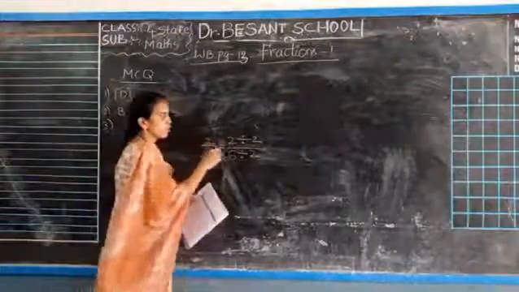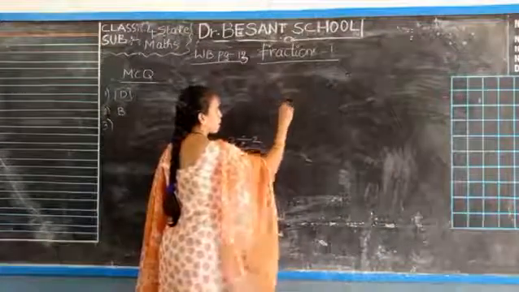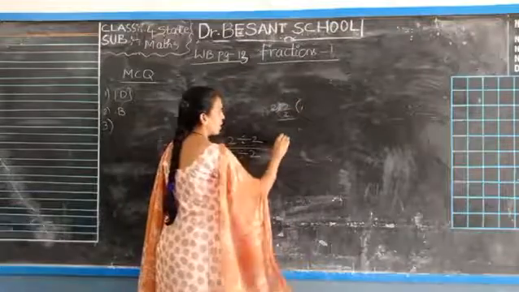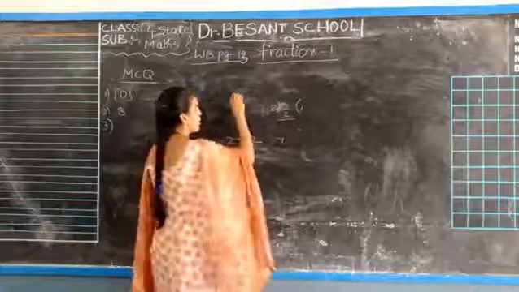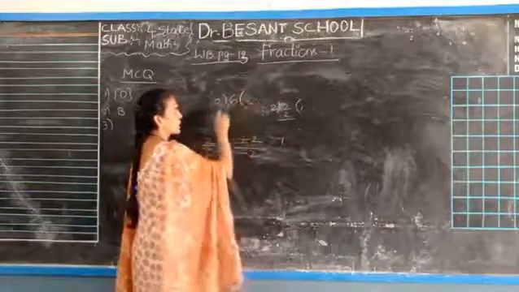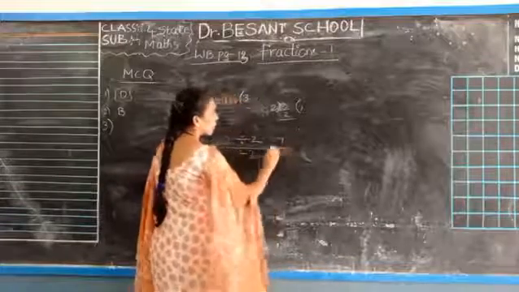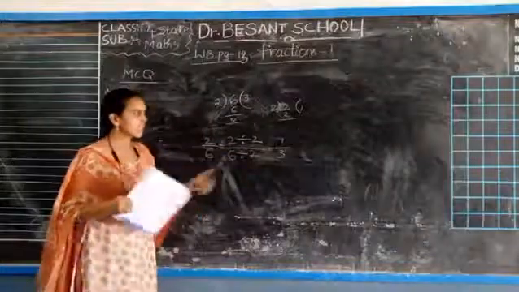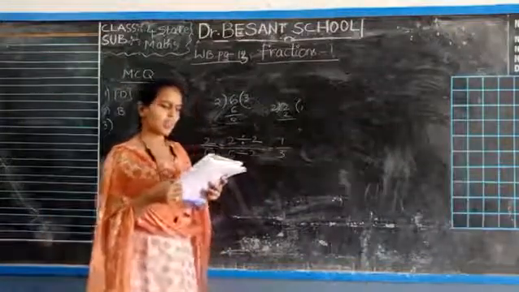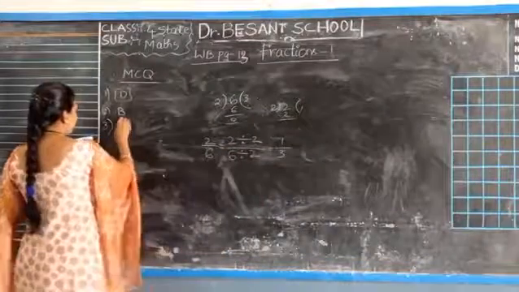So 2 divided by 2, what is 2 divided by 2? 2 ones are 2. 1. Here 6 divided by 2. 2 threes are 6. So 3 is here. So what is the equivalent fraction for 2 by 6? 1 by 3. Where is it given? In option D. Write down.